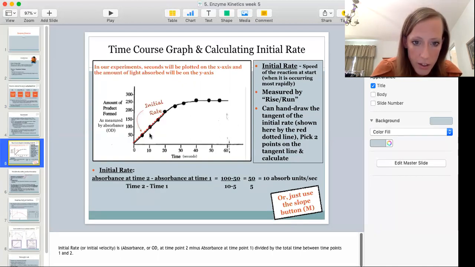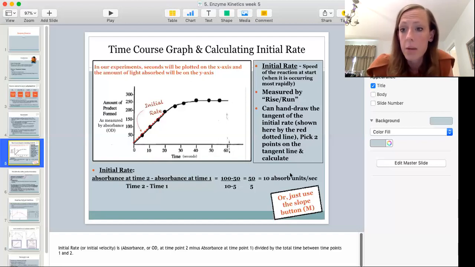At this point, it looks like about 10 seconds, and at the previous point, maybe about 5 seconds. So you would put that on the bottom half of our equation: 10 minus 5 is equal to 5. So when you calculate it out, you get 10 absorbance units per second, okay? And that is our initial rate, okay?